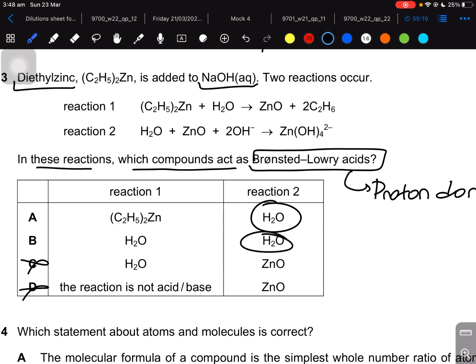And then here, what's donating a proton? So you're forming an OH minus ion and then an H plus ion, which goes to this, and the Zn, which is zinc, reacts with the OH, forming the, no, not the OH, no. So it's the H2O definitely, because here the H is increasing, so it's like you're forming an OH and an H, and this H goes and this H goes again.